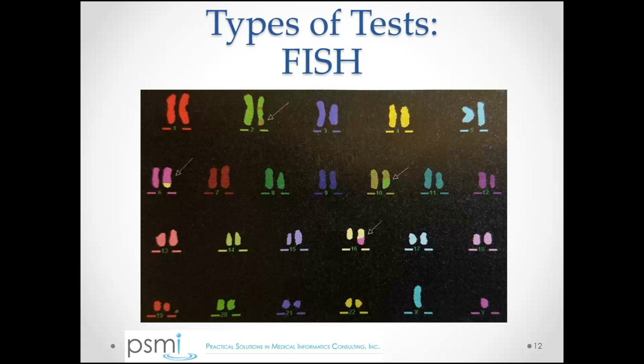In this particular case, if you look at chromosome 6 and chromosome 16, you'll see that there's been a translocation. This yellow tip here came from chromosome 16, and in exchange, chromosome 16 now has a tip that it obtained from chromosome 6.